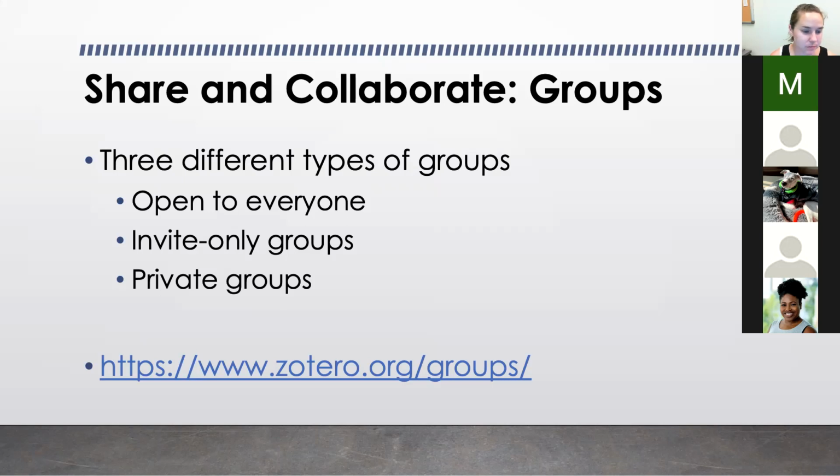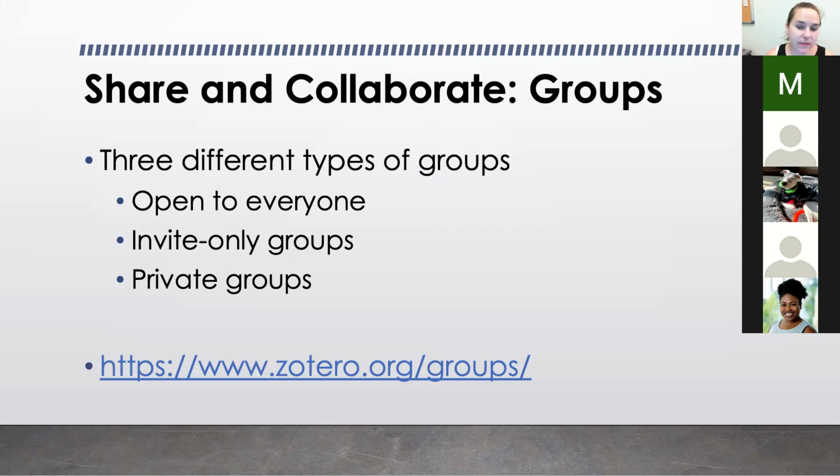It's totally open. Second, invite only groups. These are ones where you say, this is for a class and I'm going to invite all my group mates, and only those people can see it. Those groups still appear by title within Zotero's master list of groups, so anybody can see that the group exists, but they cannot join it unless they have an invitation.